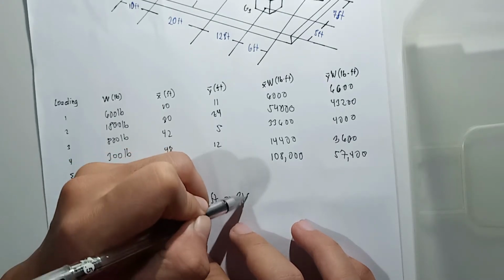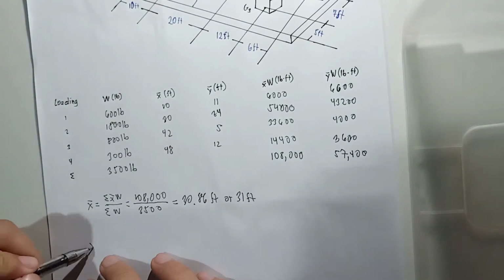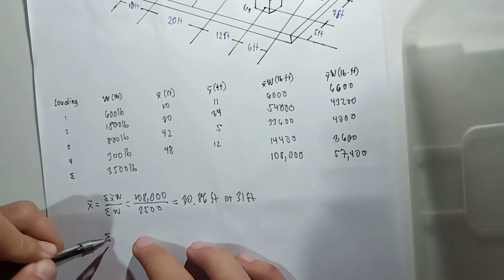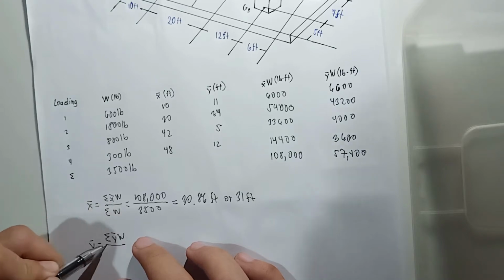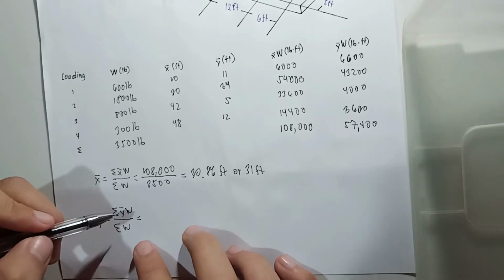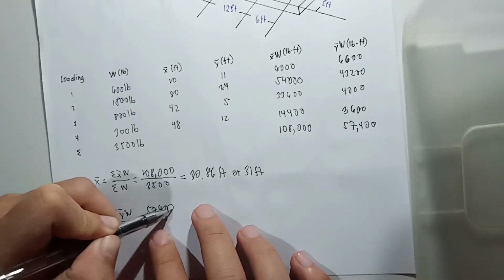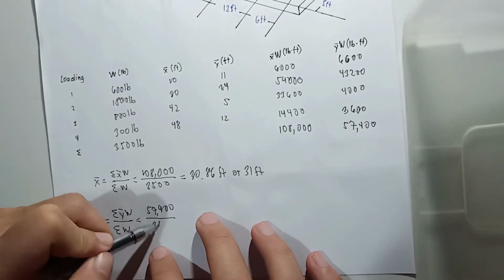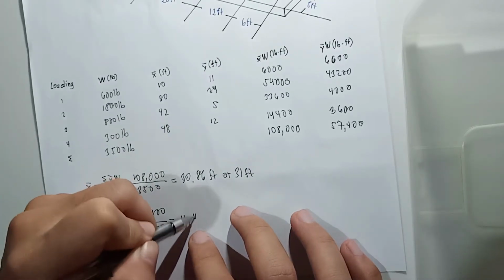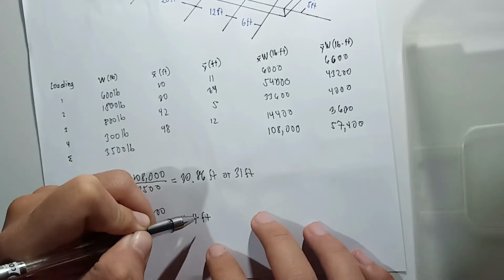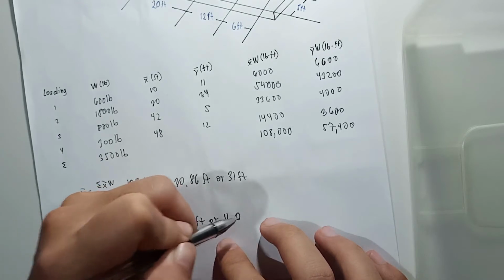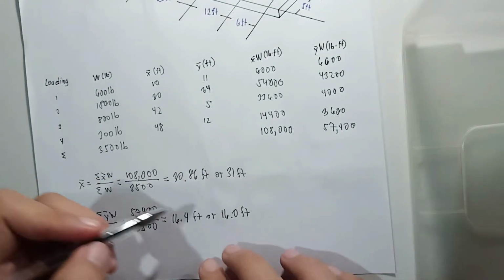or 31 feet. And Y bar is equal to the summation of Y bar times weight over the summation of weight, which is equal to 57,400 over 3,500, equal to 16.4 feet or 16 feet.